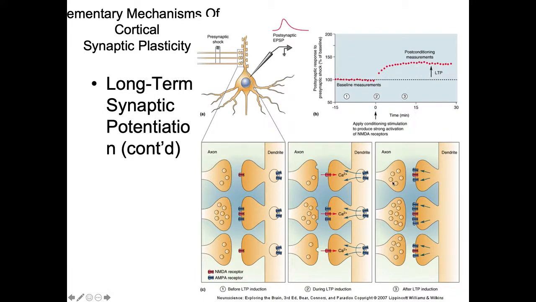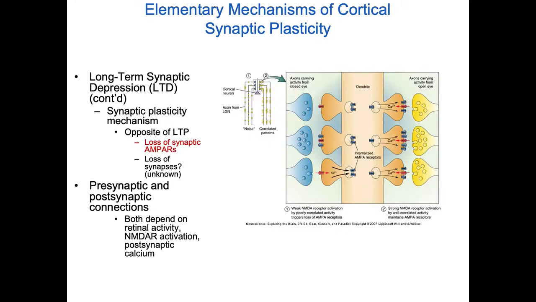And that schematic is hinting at something really interesting, which is that there are presynaptic changes that occur. In other words, it's not just unidirectional, going from here over to here and causing a change on the postsynaptic side. There's a retrograde signal that goes back and helps remodel this. Some of this is related to the action of nitric oxide, and others is related to the action of cannabinoids.